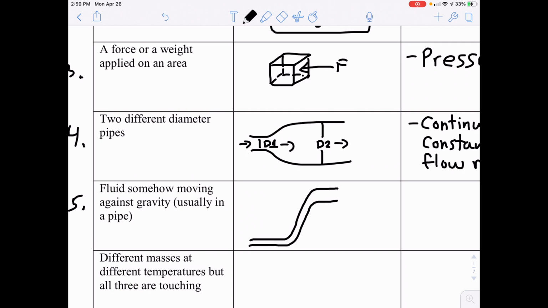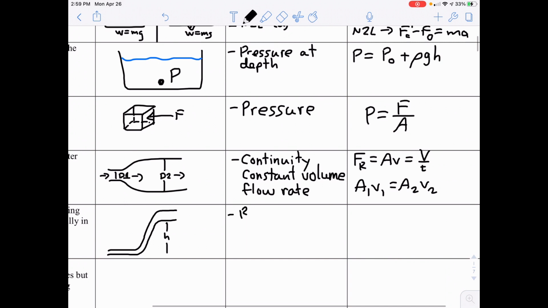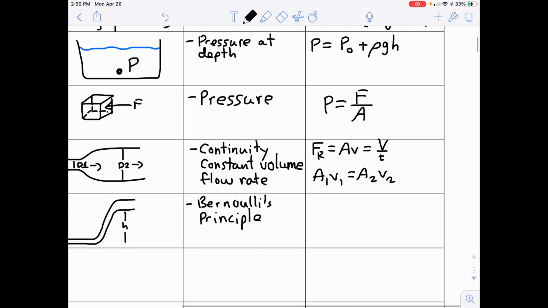But let's say it's some height above the lowest point. This is an example of a Bernoulli's principle problem. Bernoulli's principle is a way to essentially analyze the energy of a fluid, because Bernoulli's principle is really just conservation of energy applied to pressure at different points.